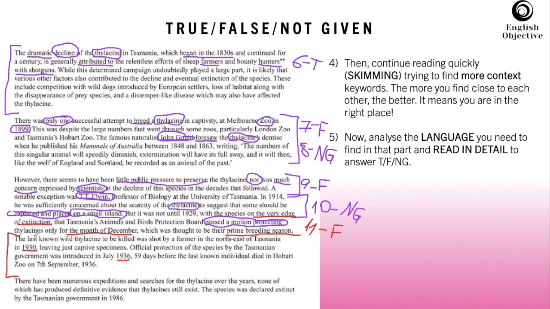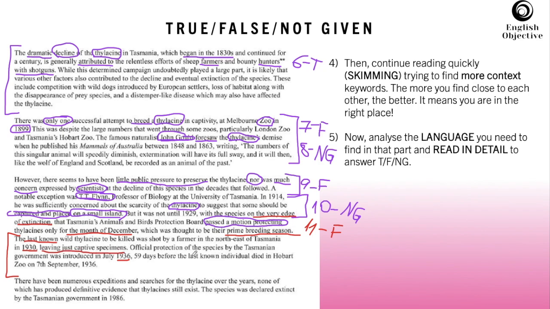So it says the last one animal to be killed was shot by a farmer in 1930, leaving just captive specimens.